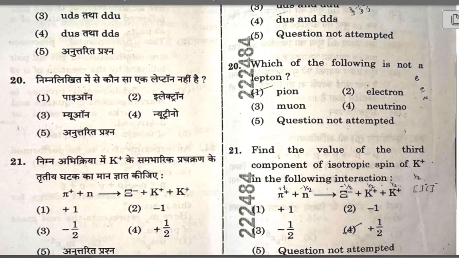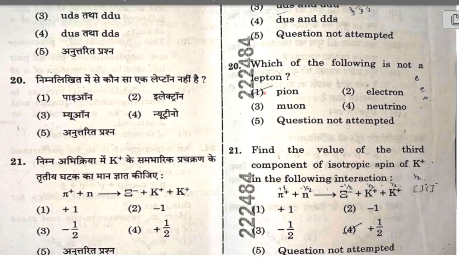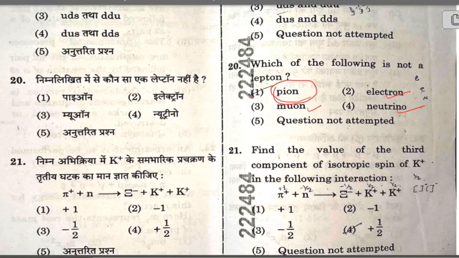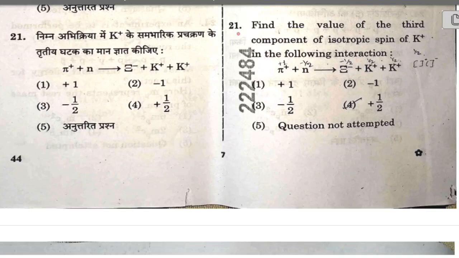Next, which of the following is not a lepton? We know muon is a lepton, electron is a lepton, neutrino is a lepton, but pion is not a lepton. Okay, so your correct option is option 1. Next, question number 21. Find the value of the third component of isospin of K plus in the following interaction.